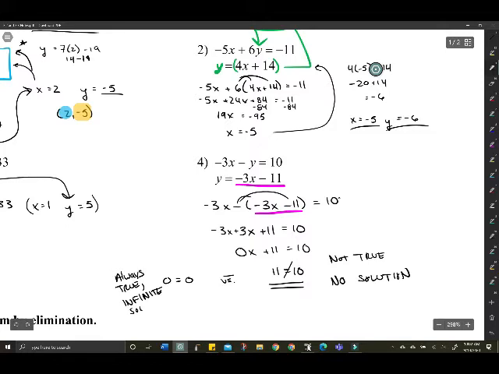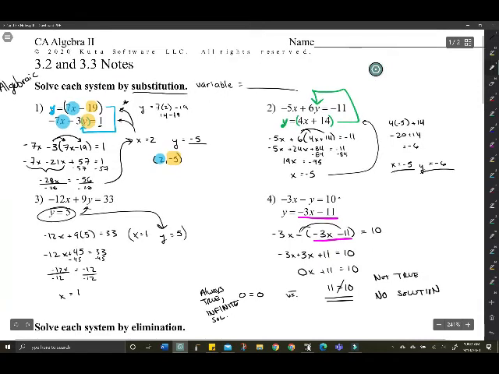And a lot of this should be a little bit of review here. Let me just double check everything here. Substituting in the negative, okay, and in for y. And I believe that is the case. Okay, so that's the substitution method.